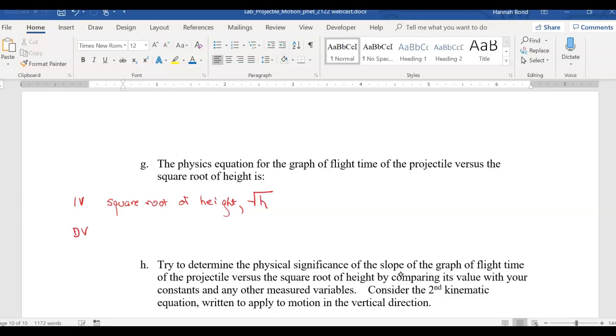The dependent variable is the flight time, which I'm going to call delta t. And so I have delta t equals 0.453, and it would be, again, seconds over the square root of meter, times the square root of height. That would be our physics equation here.